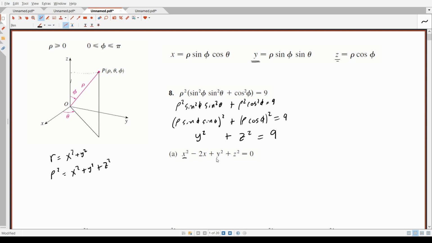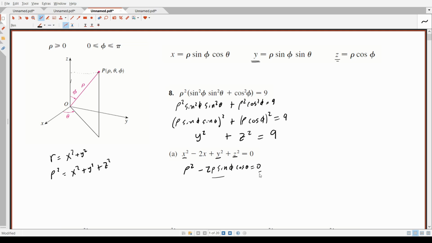So I have x squared plus y squared plus z squared, which gives me rho squared minus 2, and then what is x? x is rho sine phi cosine theta. So this is 2 rho sine phi cosine theta equals 0.